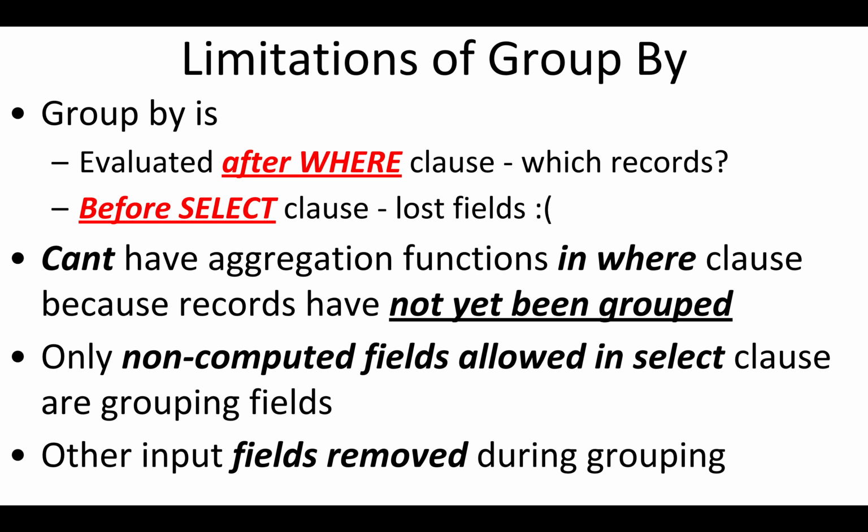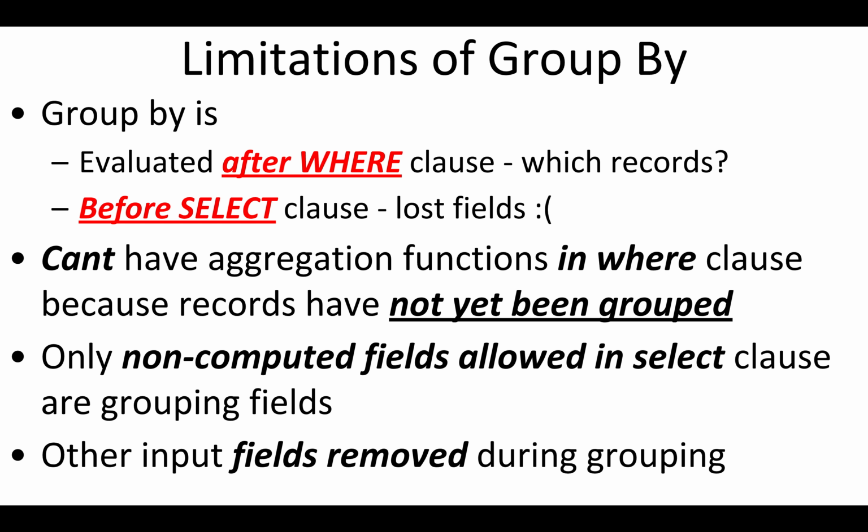Once you've run the group by, and you've grouped all the records that go into a particular group, now the select clause can choose what to do with the 10 records that were collapsed into this one single row. I've identified the 10 records that go together.